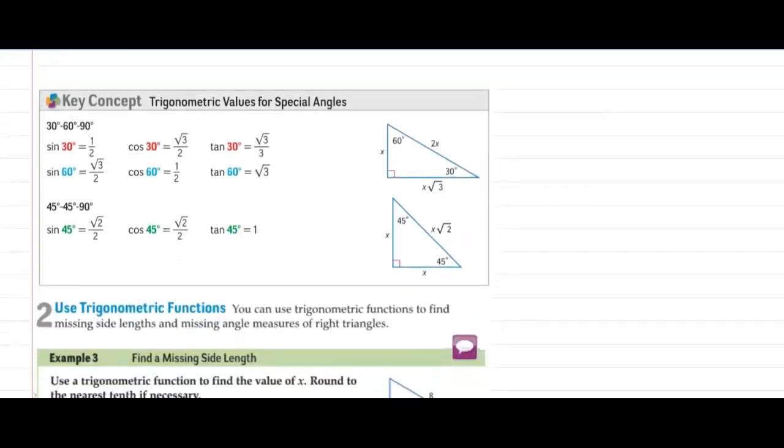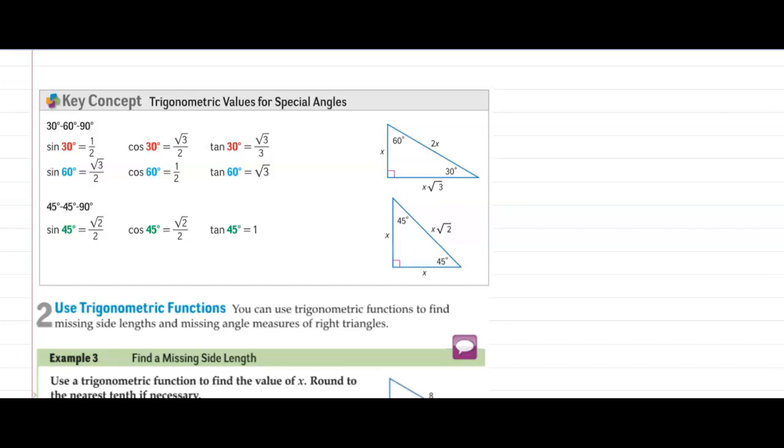We're also going to have some special angles right here about the special right triangles. You may recall from geometry studying the special right triangles where they had special ratios for 30, 60, 90 and 45, 45, 90. How you could multiply the short side by 2 to get the hypotenuse and the short side by radical 3 to get the leg.